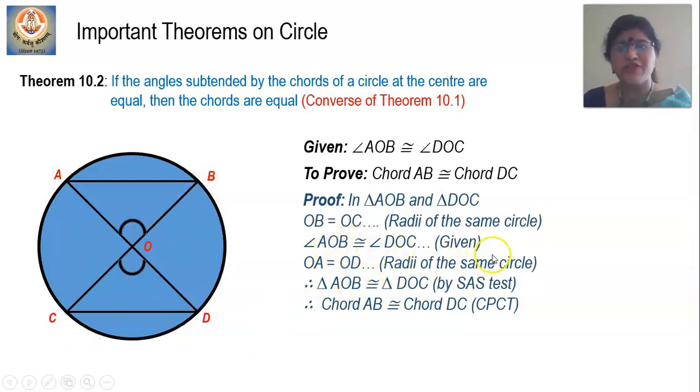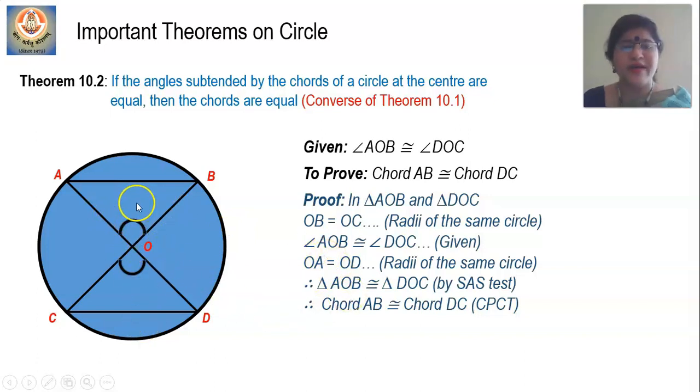So that is also mentioned here. It is given. And this segment OA is congruent to segment OD because they are also the radii of the same circle. So we have one side, we have one angle, another side. So the two triangles become congruent by which test? SAS test. Side, angle, side.